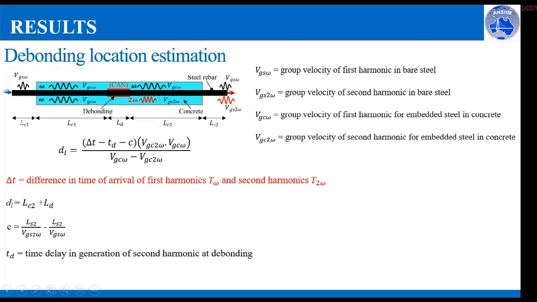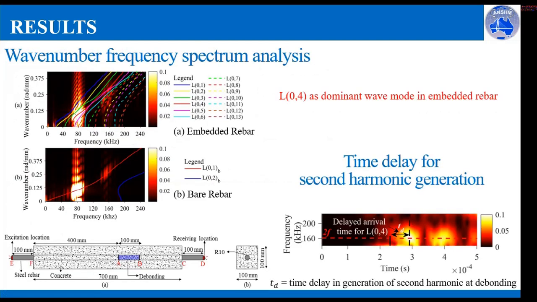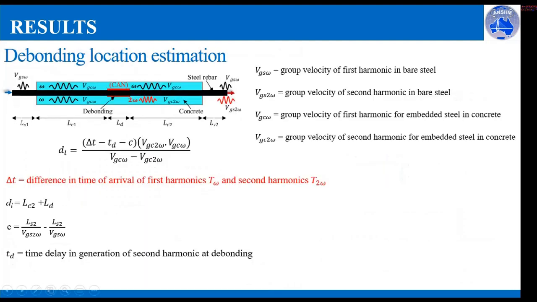So dl, the location of debonding from either end, can be detected using this equation. Vg S represents the group velocity of the first harmonic in steel, and S2W omega represents the group velocity of the second harmonics, and similarly subscript C represents the concrete.